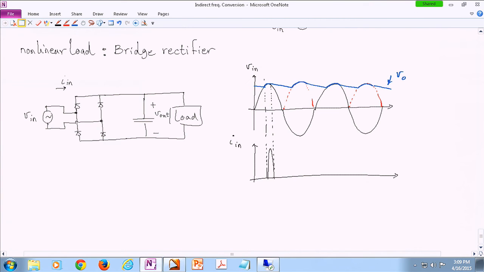It's like an impulse of current. And then similar story here. My drawings are not very symmetric, so this conduction interval is a little bit wider, but in practice they should be identical. So this is going to be your input current. And then this kind of repeats.